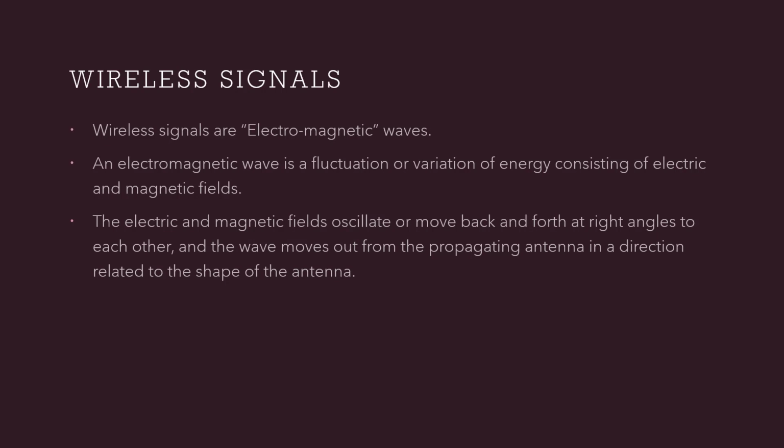So if you have an antenna, whenever it emits electromagnetic radiation, it will move away from the antenna. It won't go towards it. That is one of the reasons that when the antenna starts transmitting, we are able to pick up the signals.